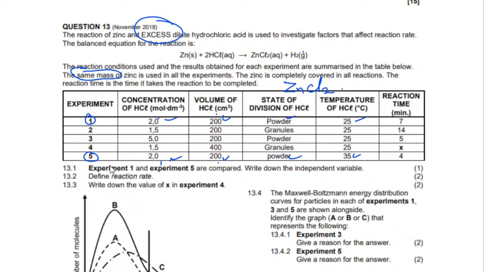When you say it is the rate of change in the concentration of product or reactants per unit time, the answer is wrong. Can I repeat? When you say it is the rate of change in the concentration of products or reactants per unit time, the answer is wrong, because you are saying rate, which means time. So you are repeating the same question.